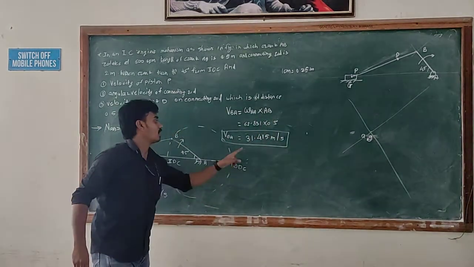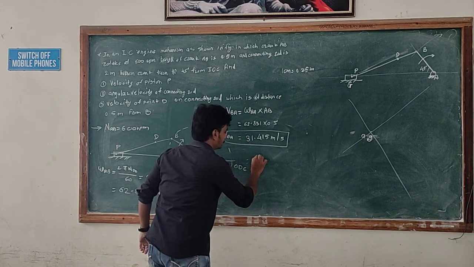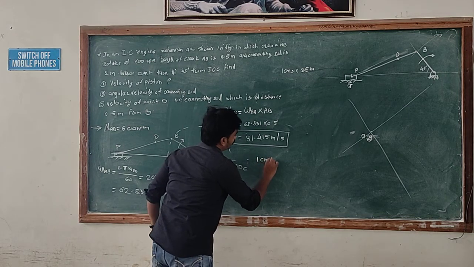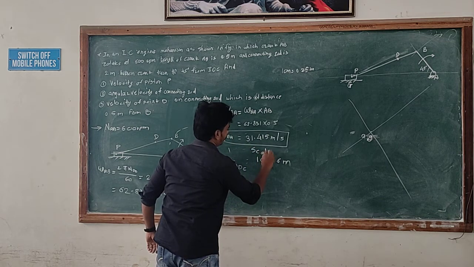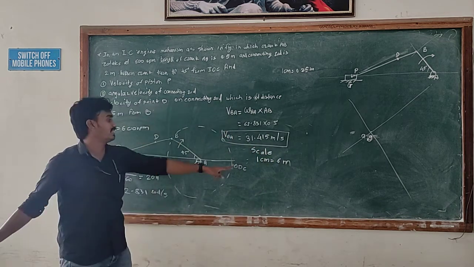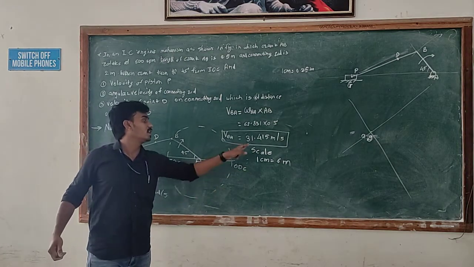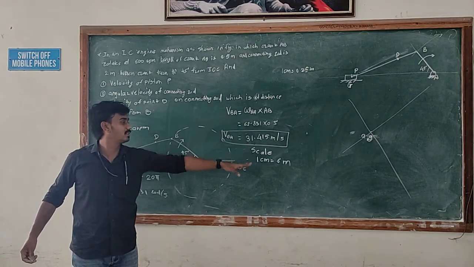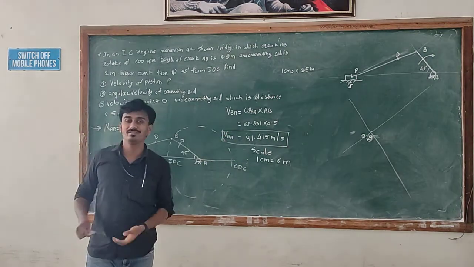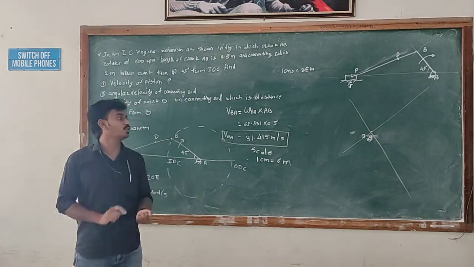Okay. Now here we take some scale. Suppose we take a scale that 1 centimeter is equal to 6 meter. Converting this into centimeter, it will be 5.2 centimeters.